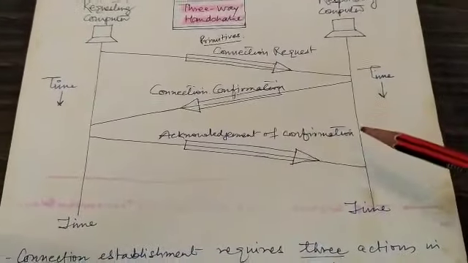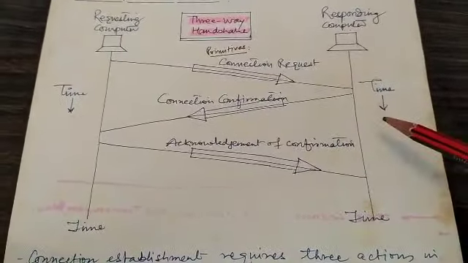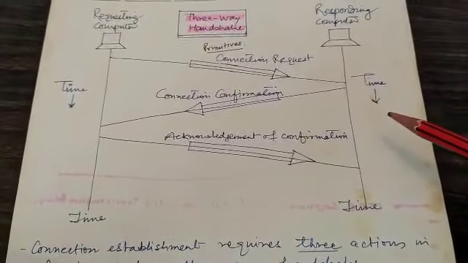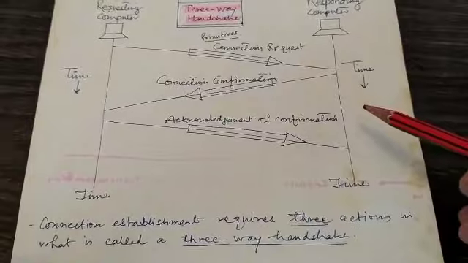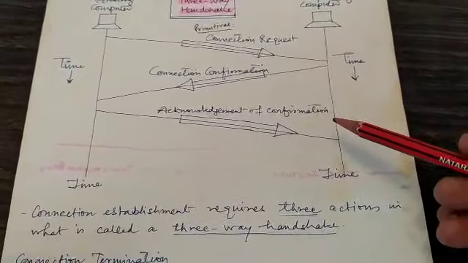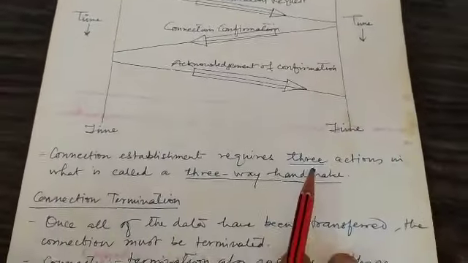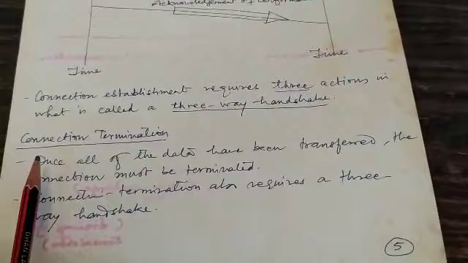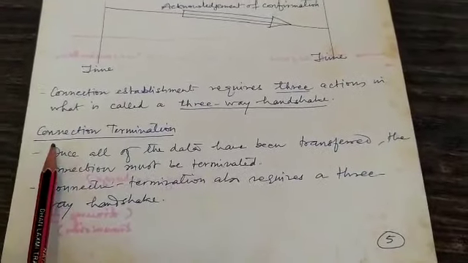After establishment of this connection, the required data communication or data transmission takes place, and then at the end of the data communication session, after the whole data transfer has taken place, the connection is to be terminated. So we can see what happens in the connection termination.